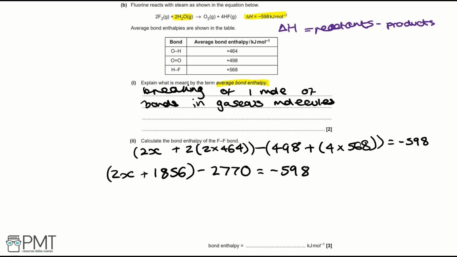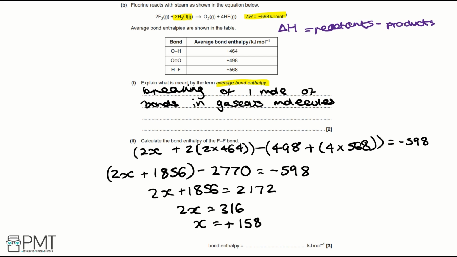If we continue to rearrange, this would be 2x plus 1856 equals 2172. So that means 2x equals 316, making x plus 158, which is what we write on our answer line.